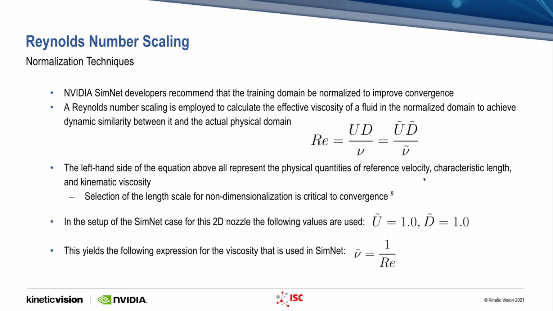Here we took the same approach that's detailed out in many of the SimNet examples. In the non-dimensional domain we set density, the U velocity, and D values to 1 and solve for an effective viscosity to match the Reynolds number of a full-scale problem for an industrial problem of interest.